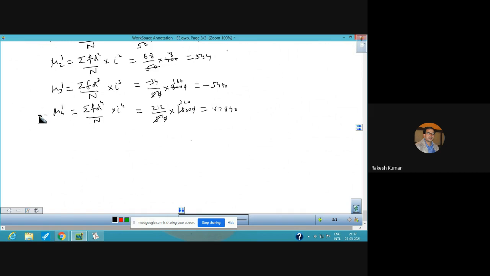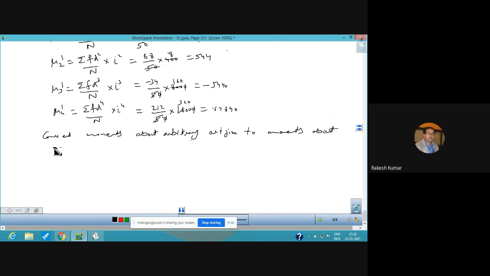So you can write down, convert movements about arbitrary origin to movements about mean.